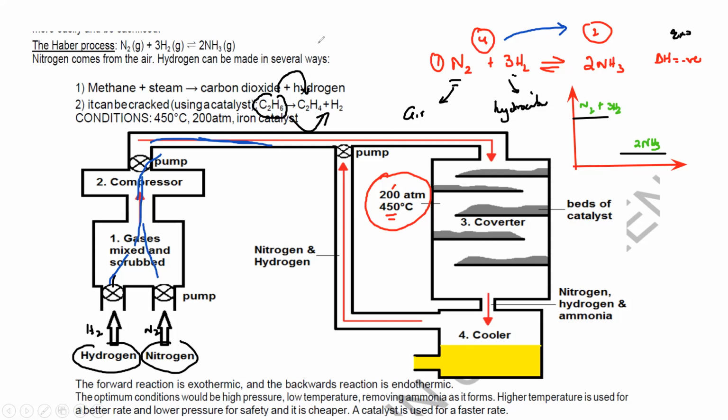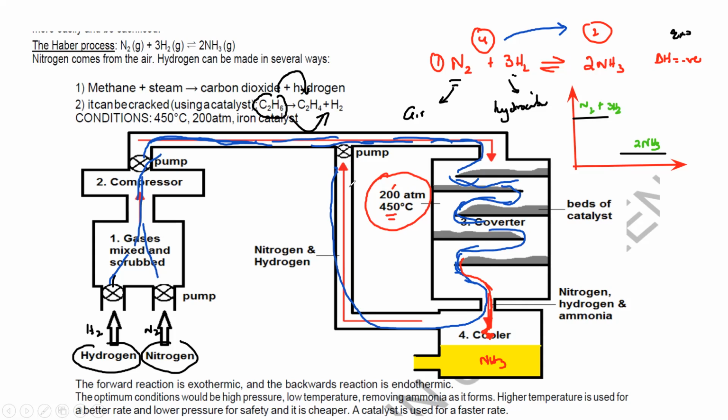So what happens when we mix this nitrogen and hydrogen? They combine, mix here and pass over the catalyst. Because the reaction is reversible, some of the ammonia formed might decompose back into nitrogen and hydrogen. But when the nitrogen and hydrogen react and turn into ammonia, that ammonia enters the cooler, we cool it down, remove the energy, and we get this NH3 here.